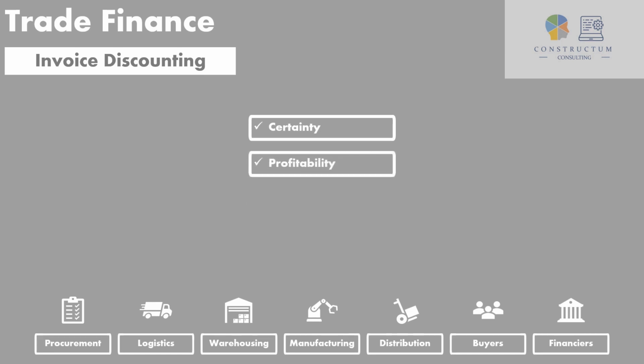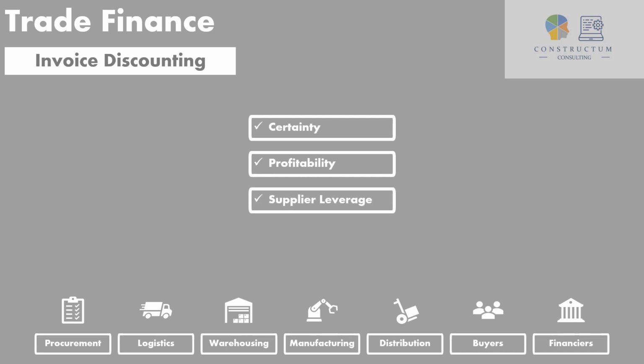Assurance of profitability. Since the trading business knows the rate of finance and can estimate the total duration of individual trades, the total cost of finance can be accurately estimated and the profitability of the trade assessed at the outset.